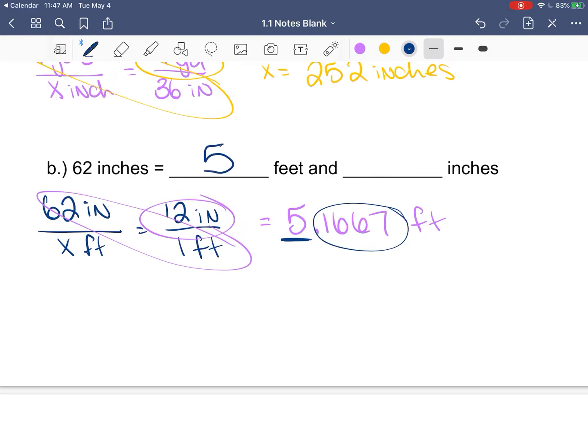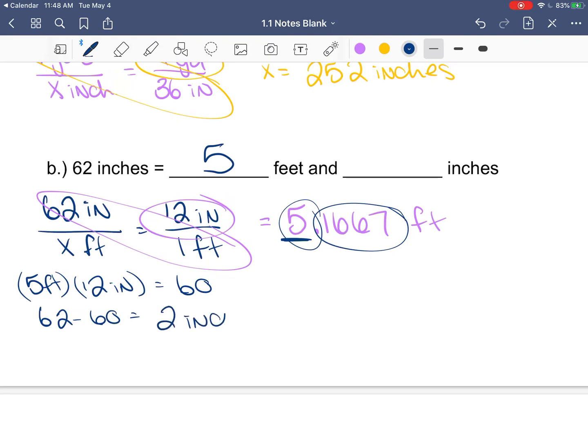Now, to figure out how many inches I have left, there's 2 ways I can do this. I had 5 feet, and in every foot there is 12 inches. So that's 60 inches that I've used up by talking about that 5 feet. Well, I had 62, I used up 60, so there are 2 inches left.